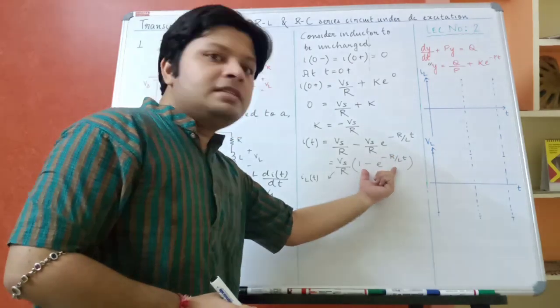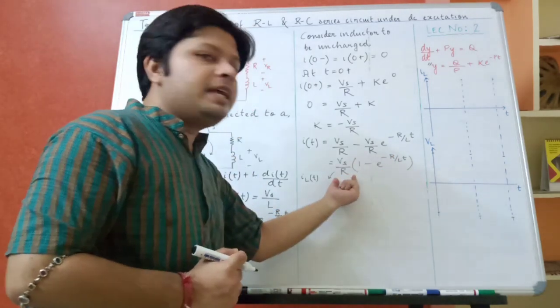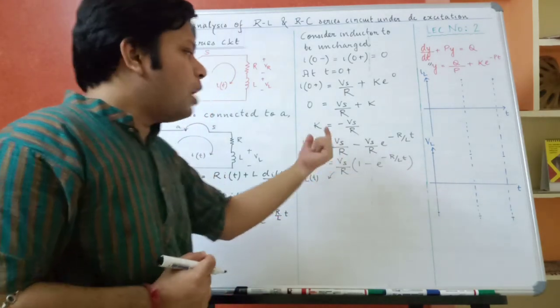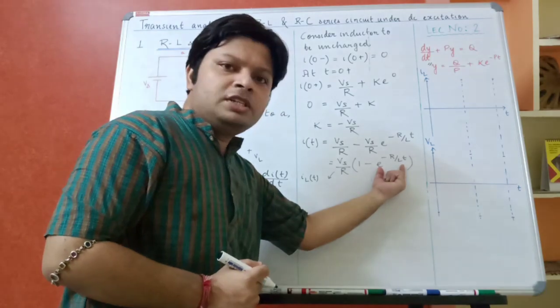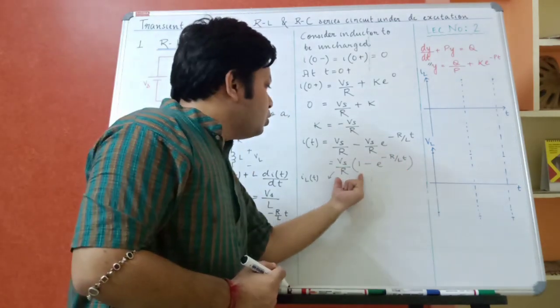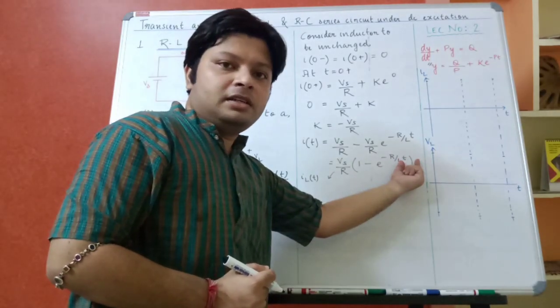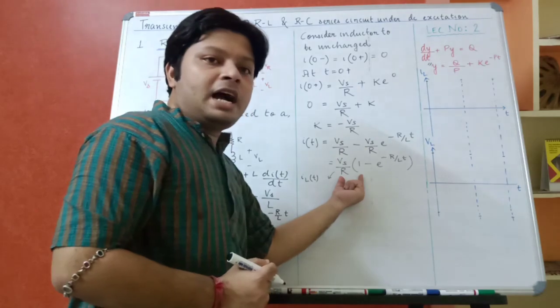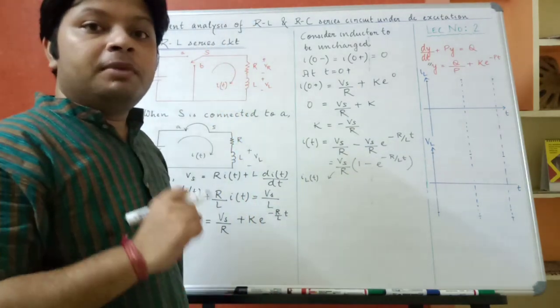So basically this is an increasing function with maximum value how much? Vs by R. Why I am saying that? How will you get the maximum value over here? You can equate this to 0. Okay, so if you equate this to 0, your maximum value will be Vs by R, that is t is equal to infinite. So Vs by R is my IT, which is the maximum value, and exponential form increasing.